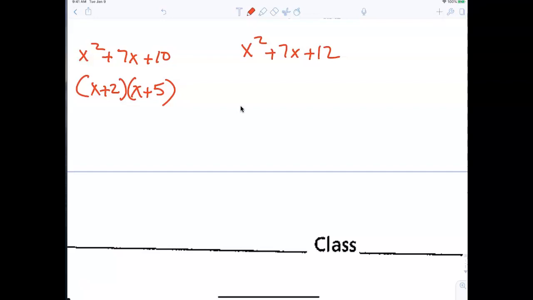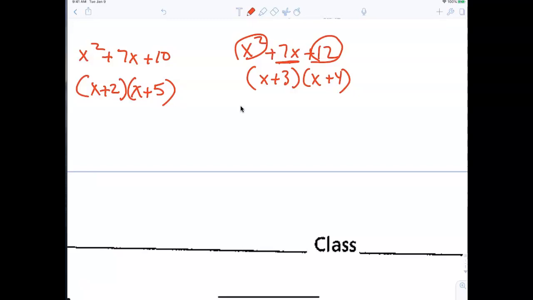Very smart. Some of you already see the pattern. Outstanding, actually. That is x plus 3 times x plus 4. Really, really simple, guys. Now, how do we know that? Because we're trying to make 12, and we're trying to add to 7. 6 and 2 makes what? 8.